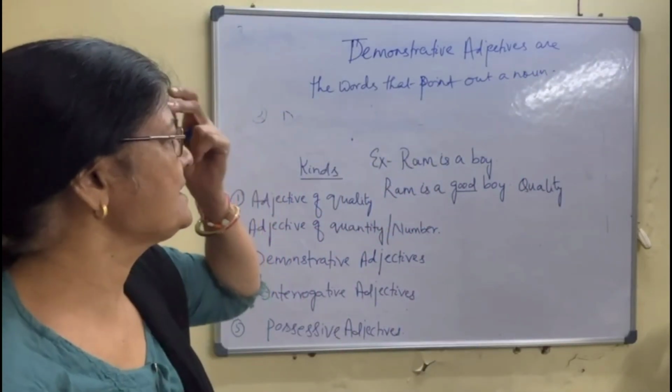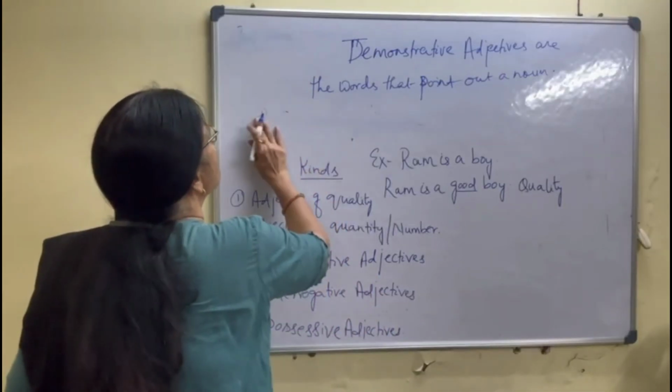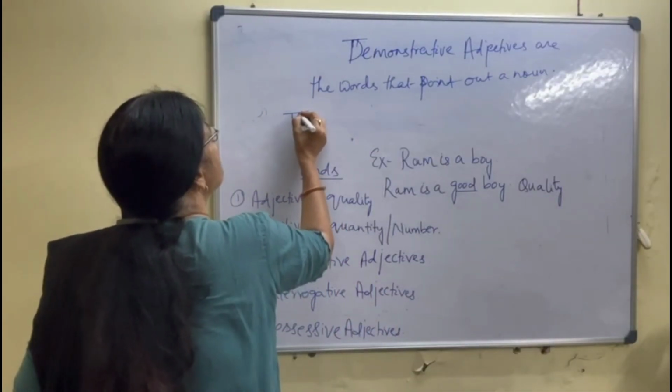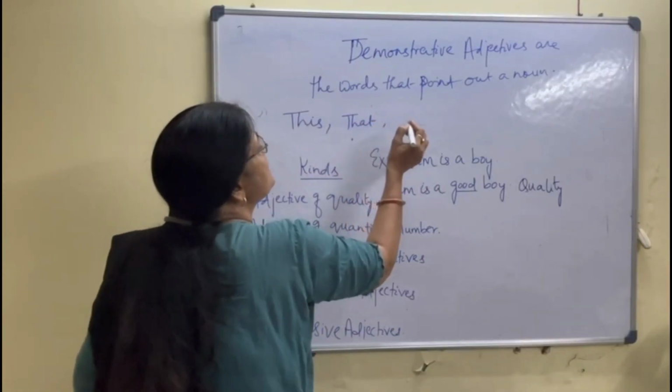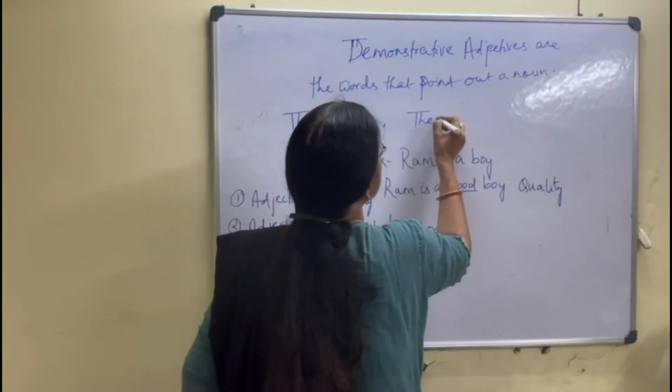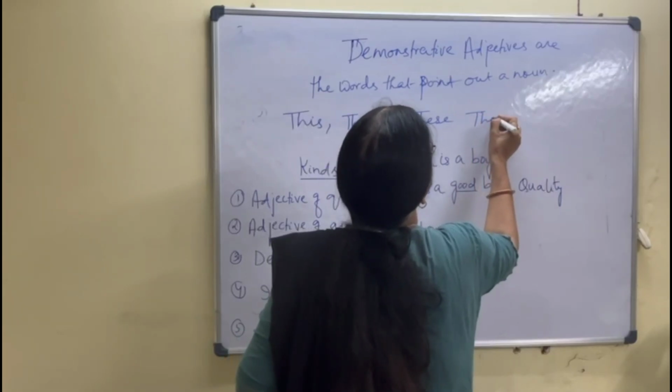When we point out a noun, for singular nouns, we use this, that. For plural nouns, we use these and those.